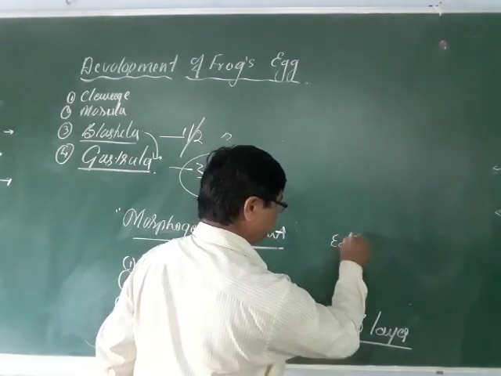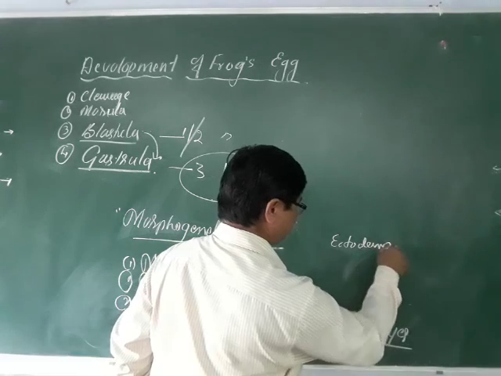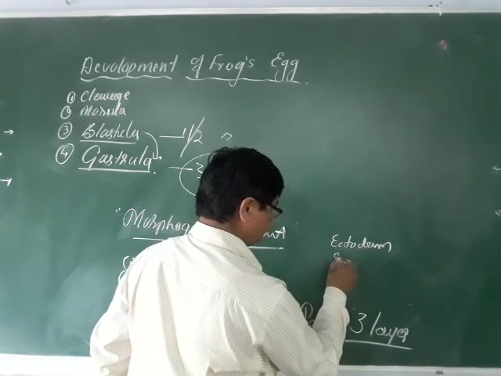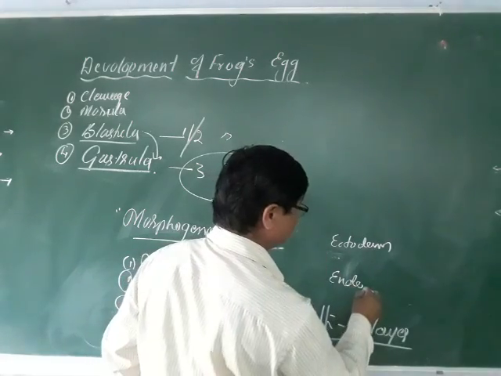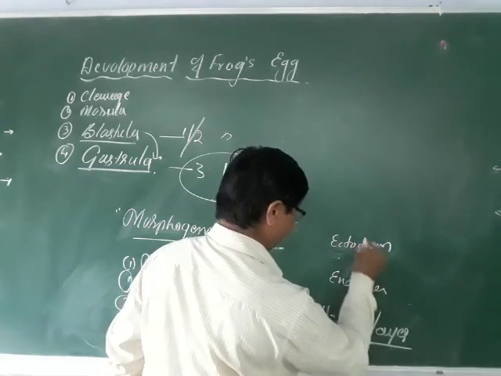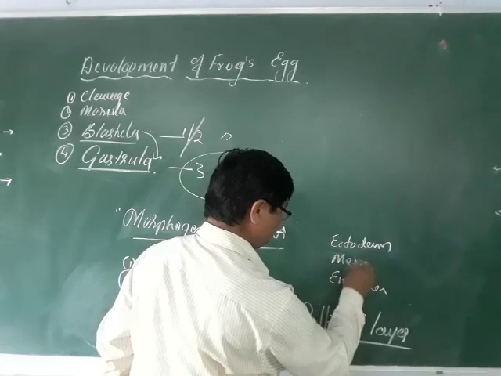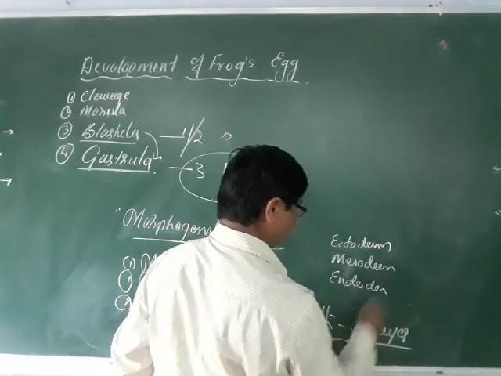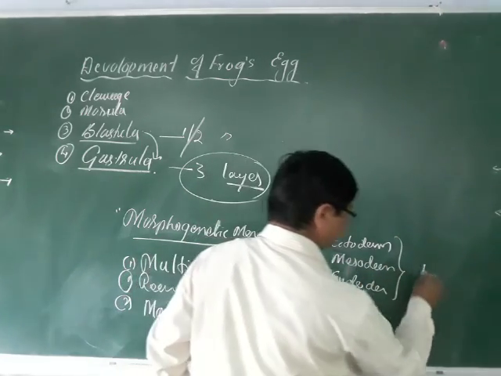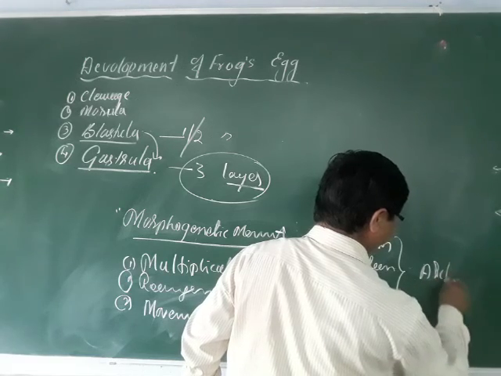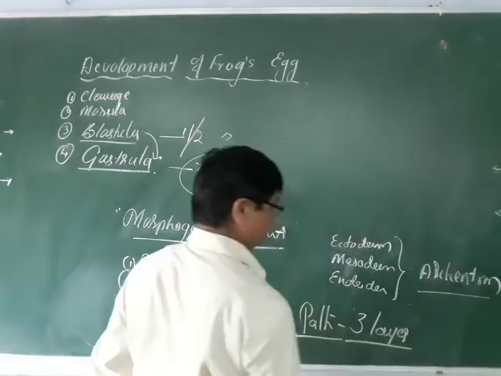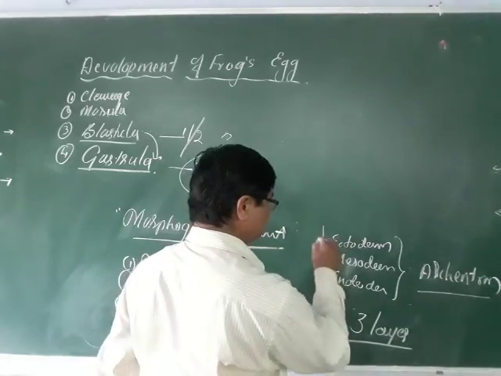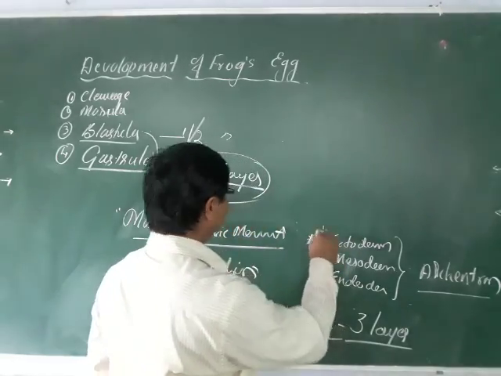One is ectoderm, second one is endoderm, already developed during the blastulation, and one more in between, the mesoderm, will be developed. And along with this there is an archenteron or gastrocele. So this is the important characteristic feature of gastrula.